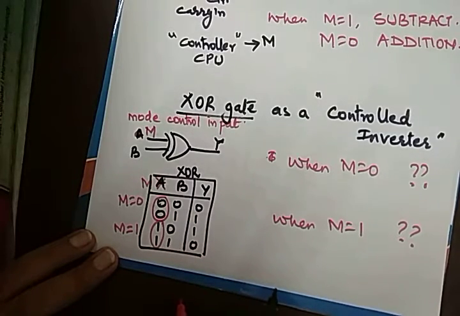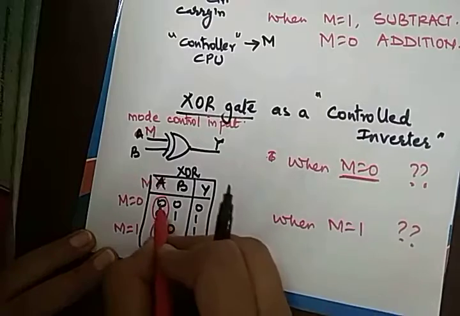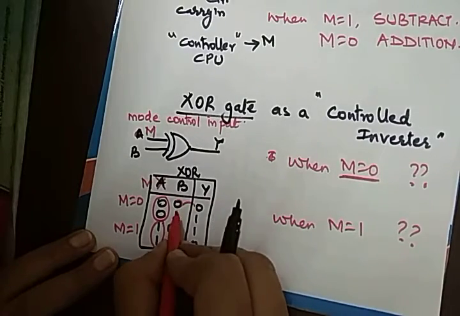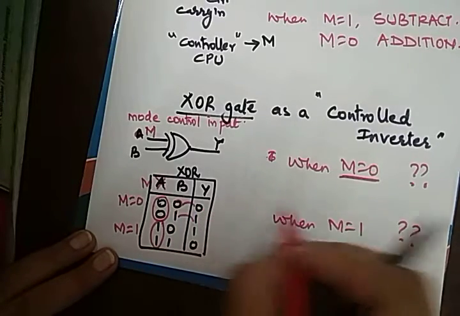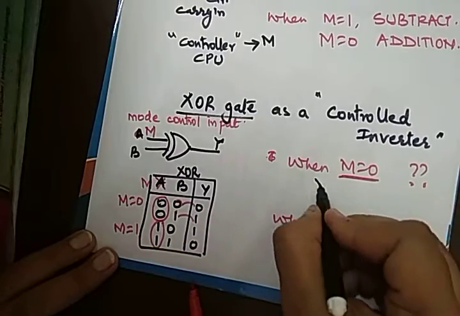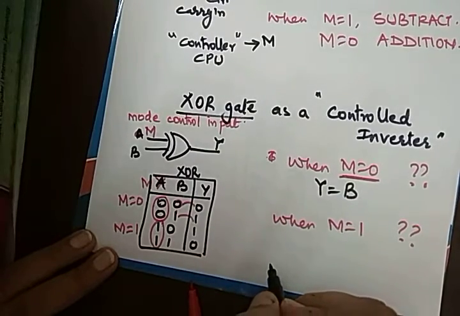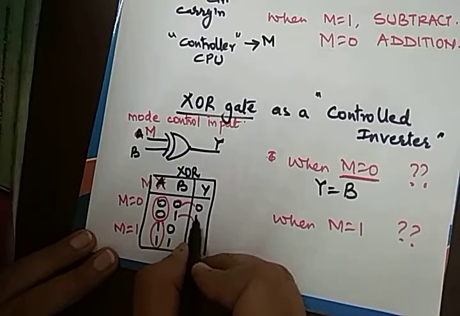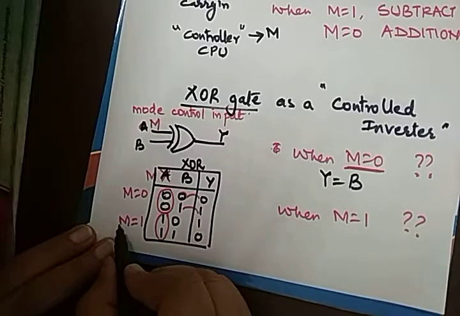So you may see that in both these combinations, when M is 0, what is happening? If B is 0, output is 0. If B is 1, the output is 1. So the output in this case is the same as B. If B is 0, Y is 0; B is 1, Y is 1. Now let us see what is happening when M is 1.